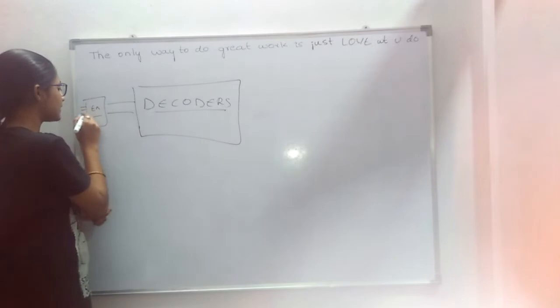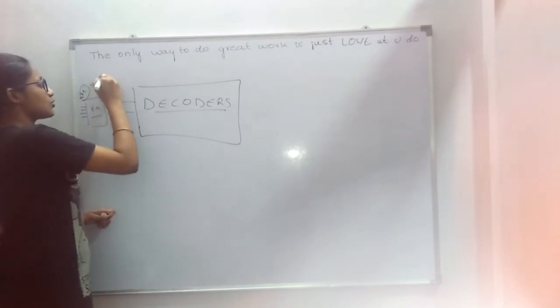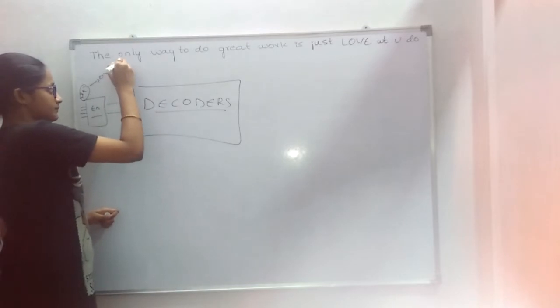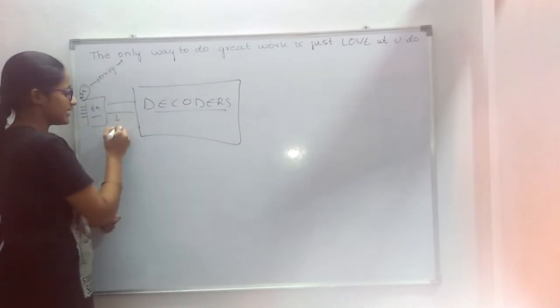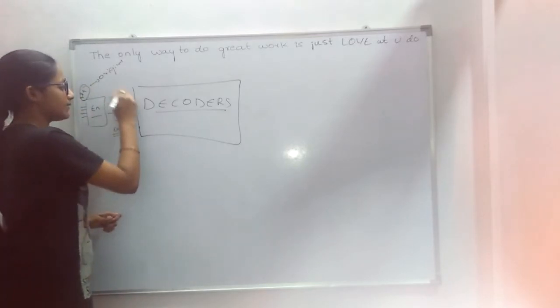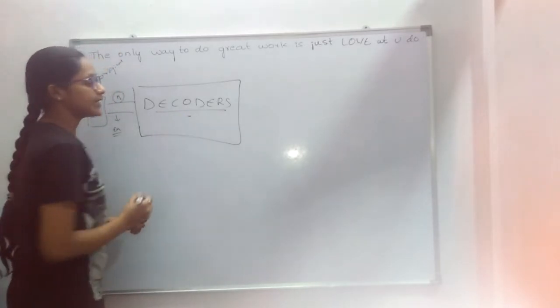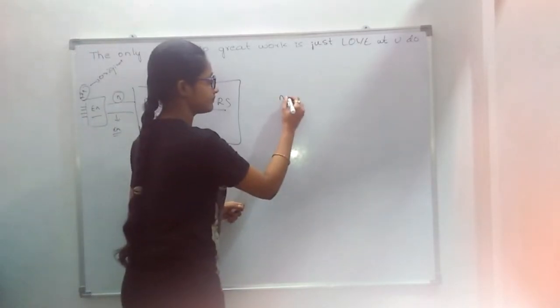So what are the inputs of the encoders? 2 power n, which is our original signal. And this is the encrypted signal, or encrypted information, that will be in n lines. So what is the input to the decoders? N lines.